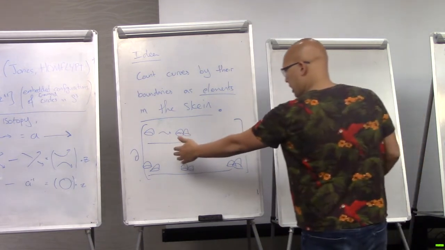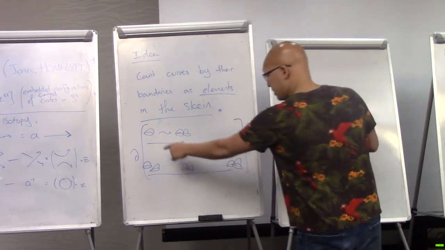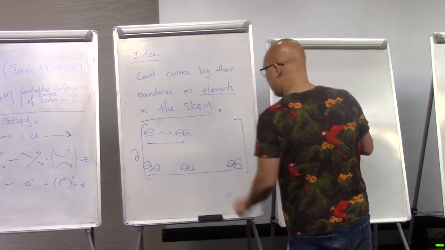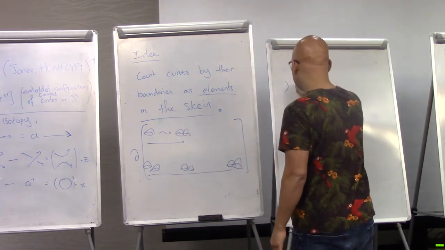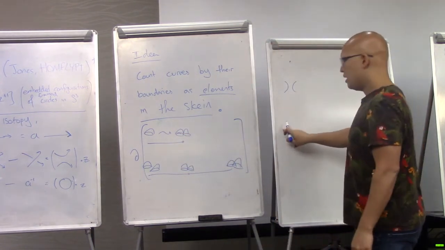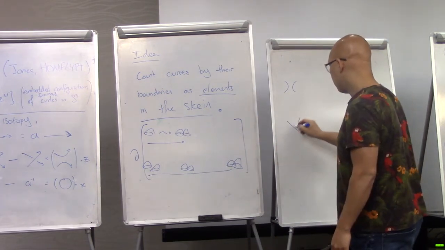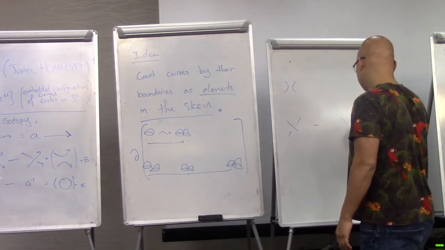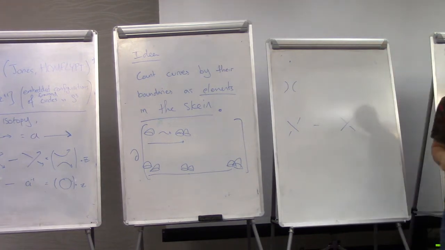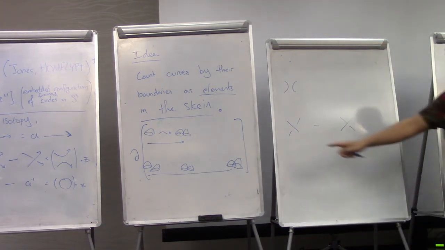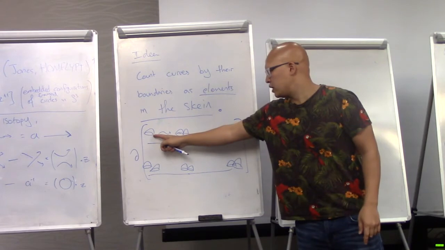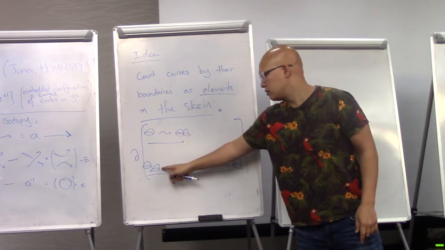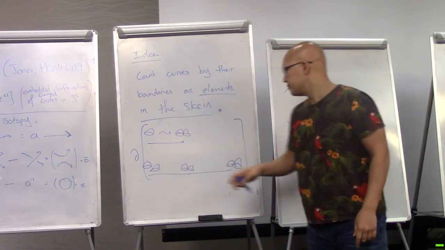But what the boundary of it actually is, well, if I look in some small neighborhood of this node, one piece of the boundary looks like this, and the other piece of the boundary looks like this, minus this. And as I told you, this one has Euler characteristic 1 less than this one.